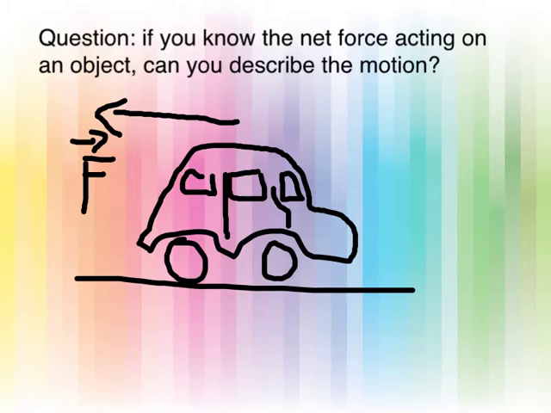This could be the force of the brakes, but if the car was already stopped, then this wouldn't really accomplish anything. If the car was moving forward, then the car would still be moving forward but slowing down. Or this could be the force of something pushing the car so that it actually moves backwards. Net force and motion are not the same thing. The net force describes a change in motion, but not the motion itself.